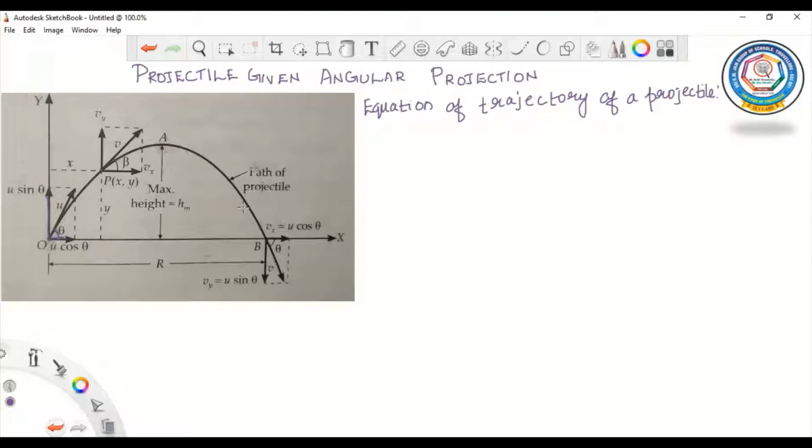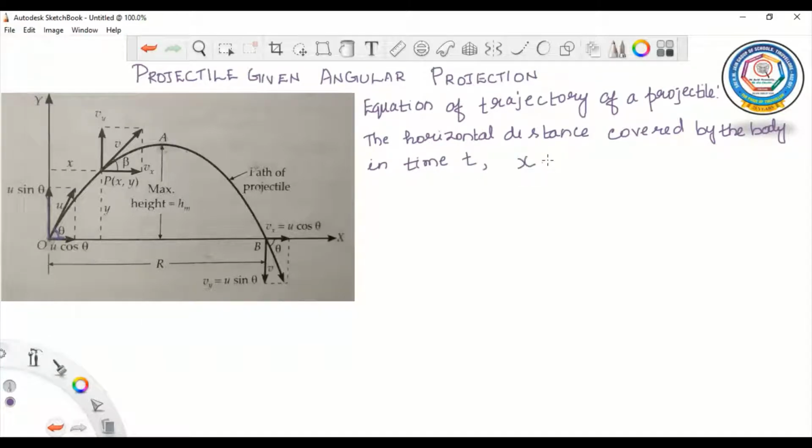What is the horizontal distance covered by the body in time t, which is nothing but x?